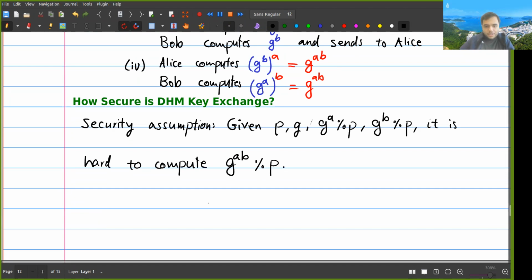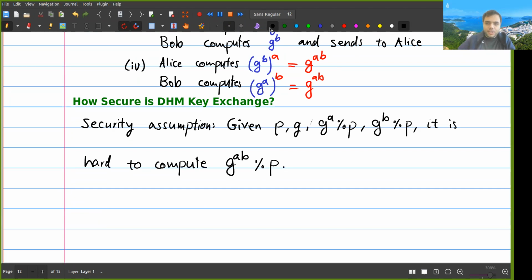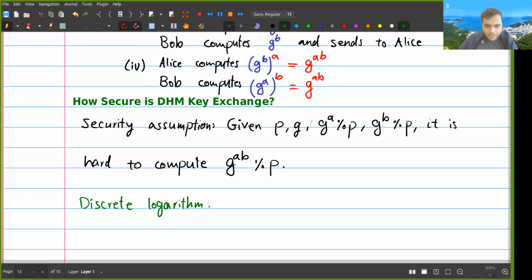And actually, one specific case of this, which is a very famous hard problem, is what we call the discrete logarithm problem. So the discrete logarithm problem is this.